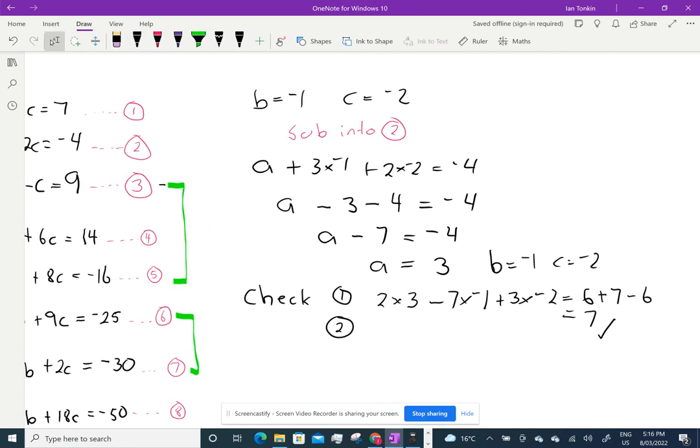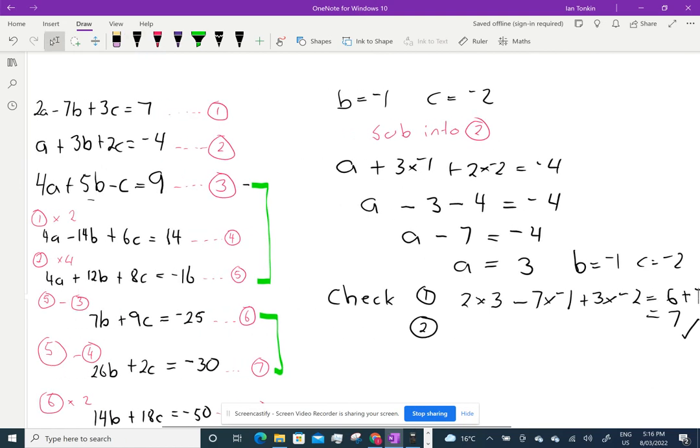Let's check in 2. And equation number 2 was, oh no, we're going to check in equation number 3, because we used 2. So 4 times 3 plus 5 times negative 1 minus negative 2.